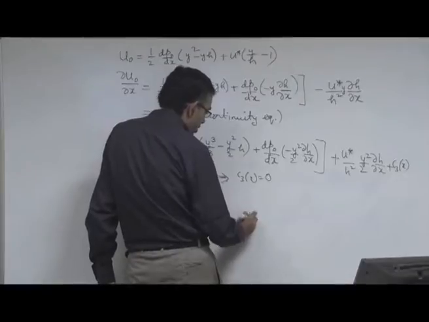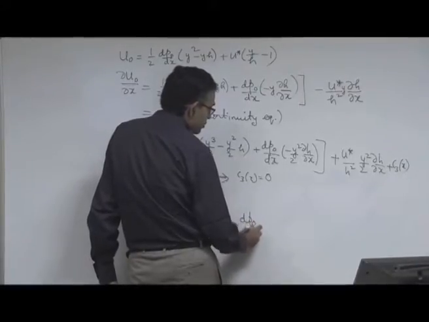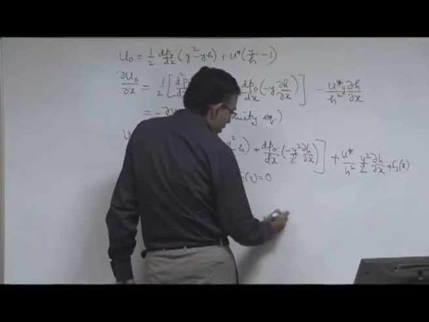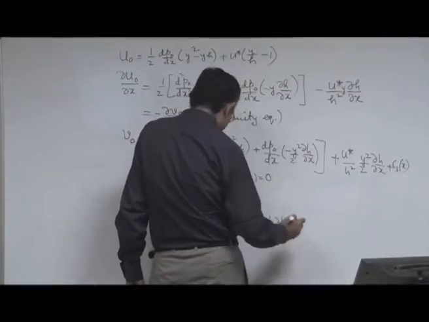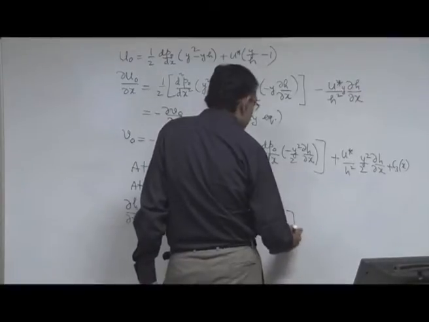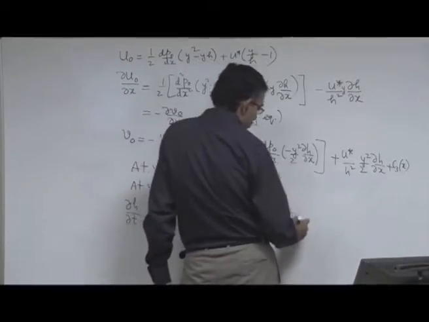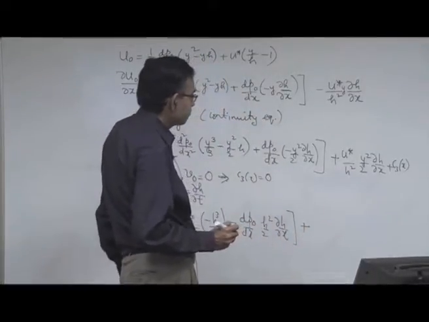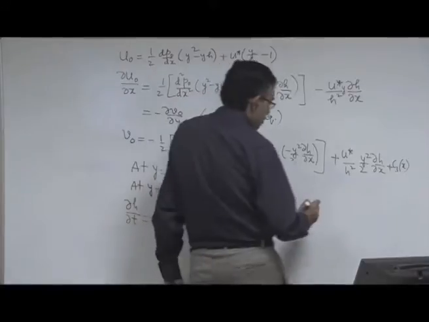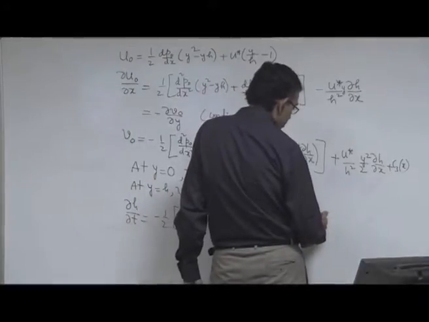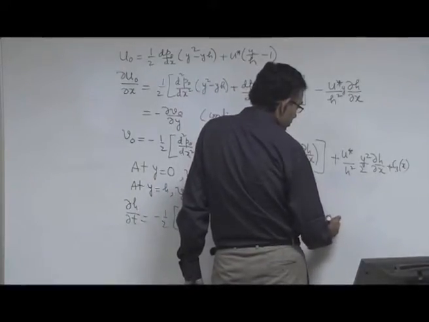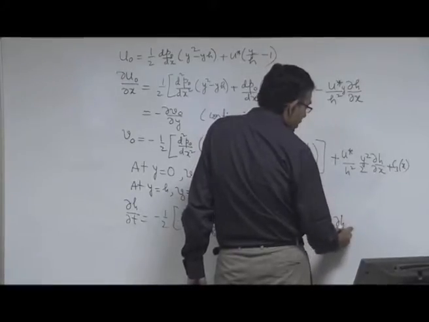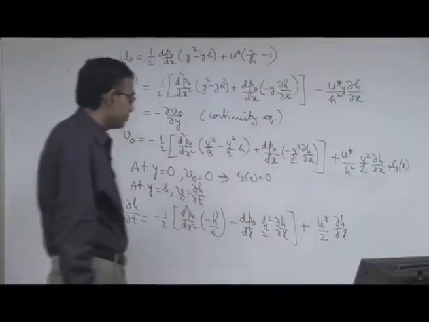Minus dp0/dx h square by 2 del h del x plus u star by 2 del h del x, right.